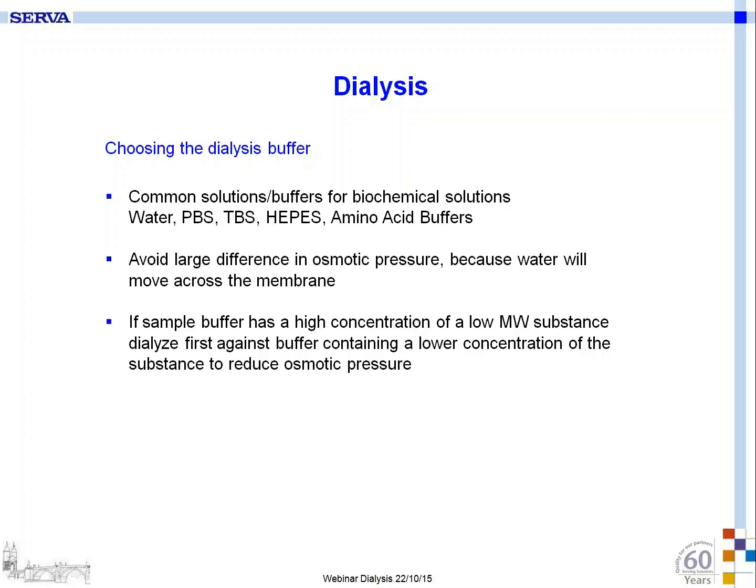If you have a solution with high salt concentration, you should not directly dialyze in the first step against water, but first use a buffer which contains a lower concentration of the salt, and then go in more steps until you reach water as a dialyzer, because then you reduce the osmotic pressure.